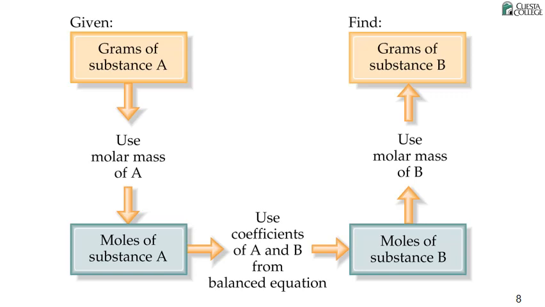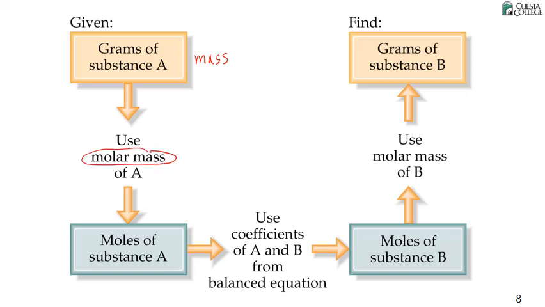There's a nice little figure in the text that shows the process for solving a limiting reactant type of problem, or any stoichiometry problem in general. If you have the mass of the substance to start with, the mass needs to be converted to moles, using the molar mass of that particular substance.